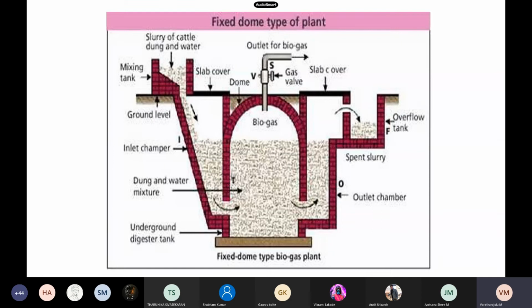And the material from which the biogas is produced is used as a fertilizer. This is the working principle of the biogas plant.